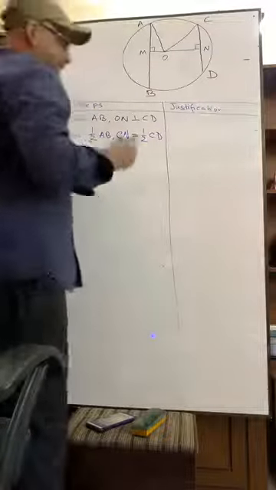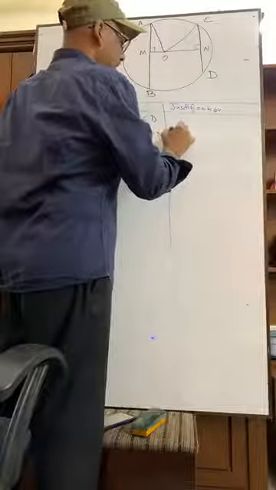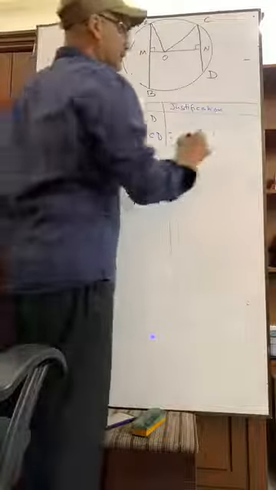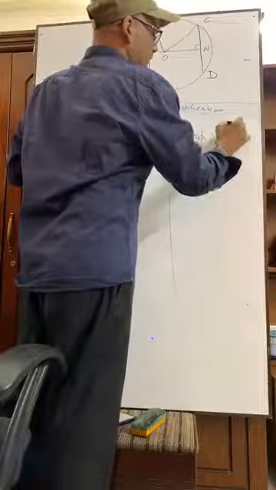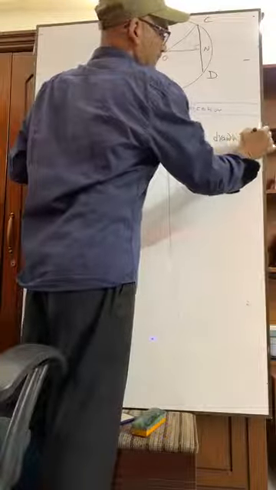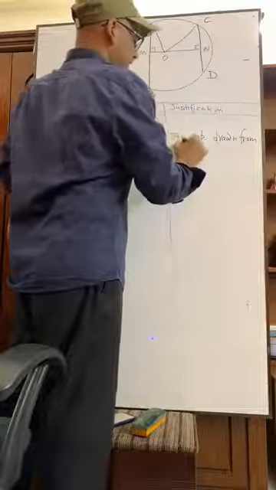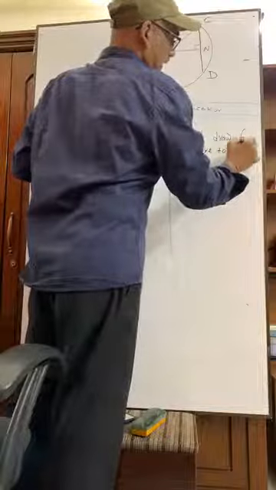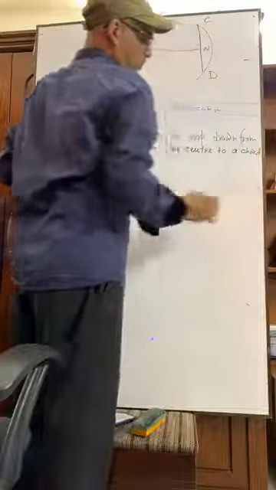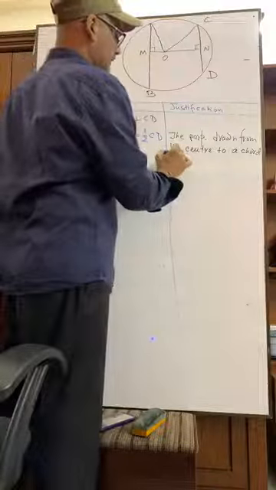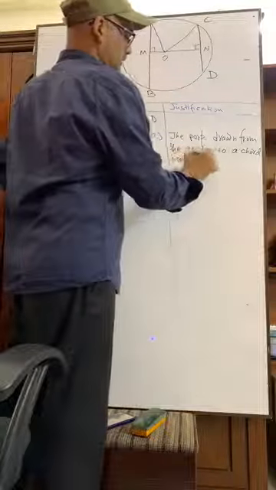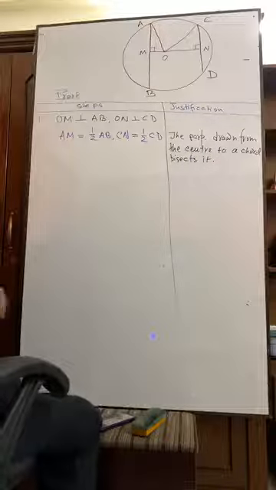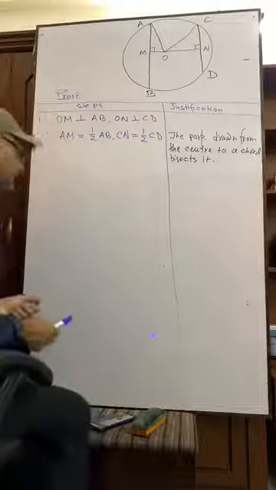The justification is: the perpendicular drawn from the center to a chord, of course here other than a diameter. Okay, this is the justification. You have to get it, okay.